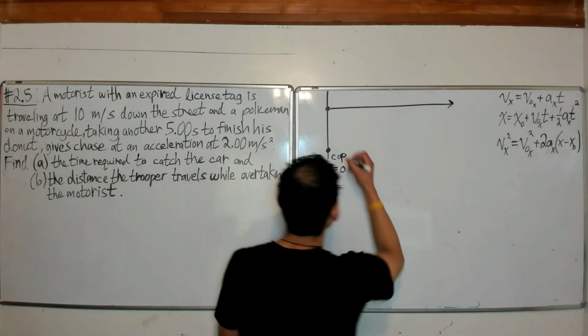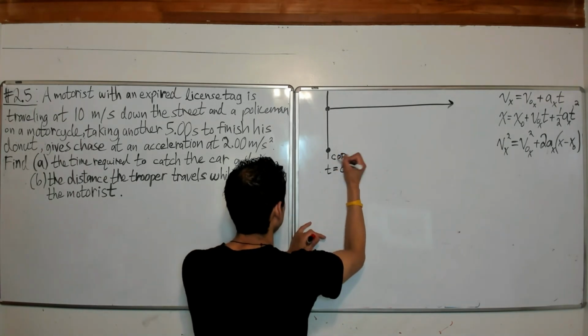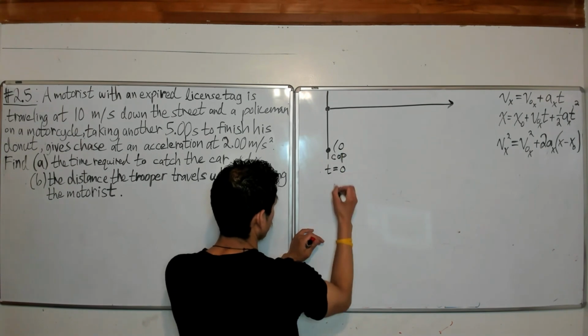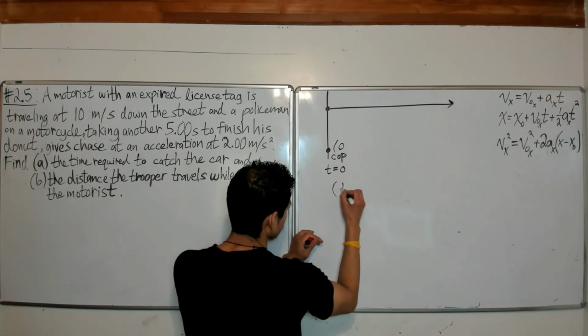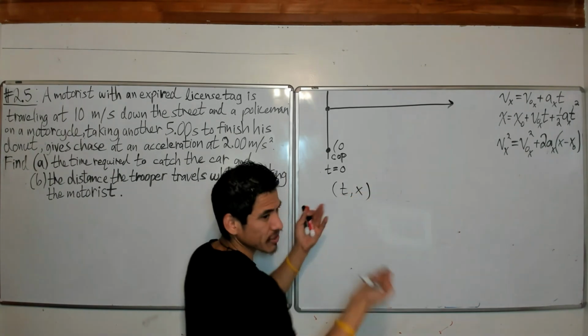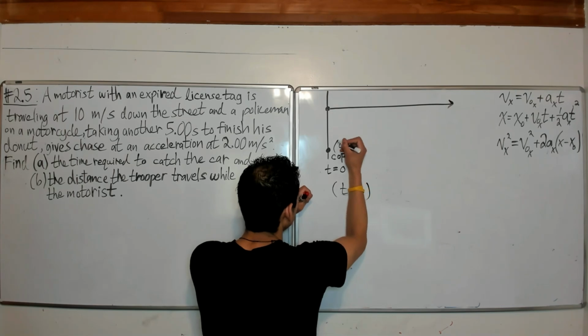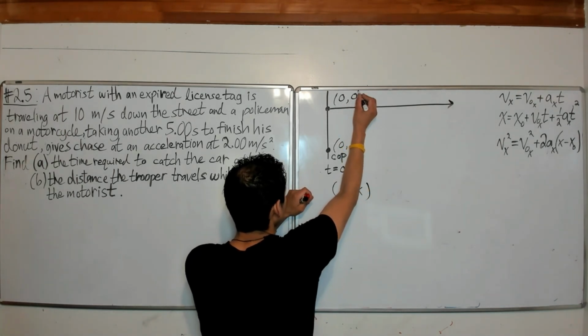He probably got one of those jelly-filled or really deluxe special donuts and didn't want to throw it away. Let's write coordinates as t comma x, just to have some organization. So t is 0 here, t is 0 here, and so is x.